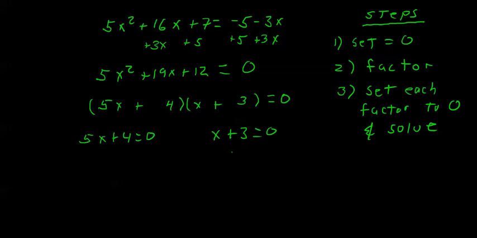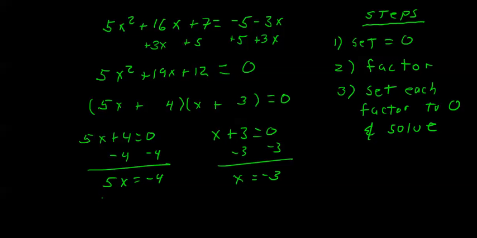Do the easy one first, minus 3, x equals negative 3, minus 4, 5x equals negative 4, divided by 5, divided by 5. And my solution, not in an ordered pair, in the curly brackets, negative 4/5, negative 3. That's all there is to it.